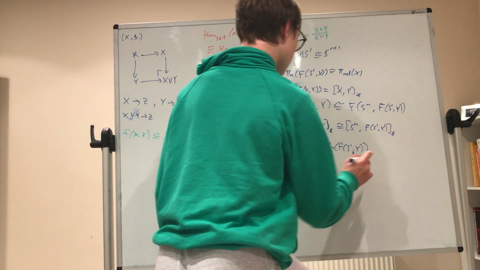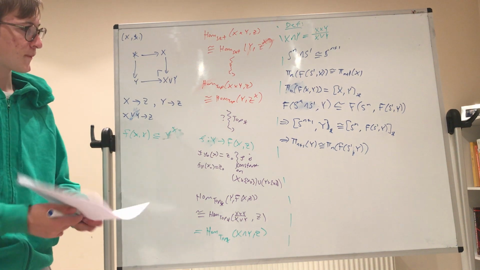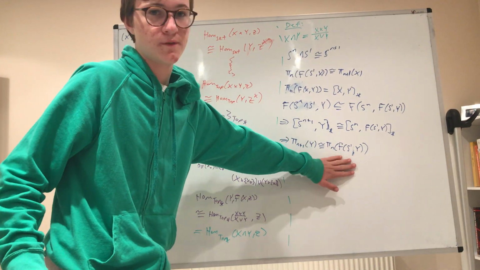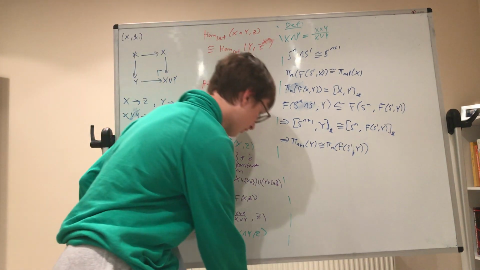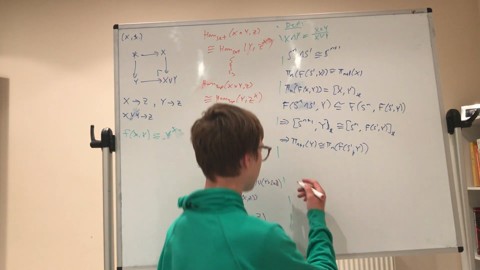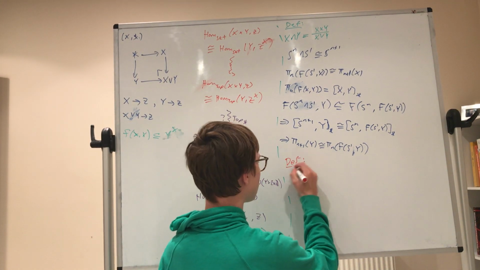And so, because of this fact, we give a special name to this F of S1, y. So, what's the name that we give this? The following definitions are in order.